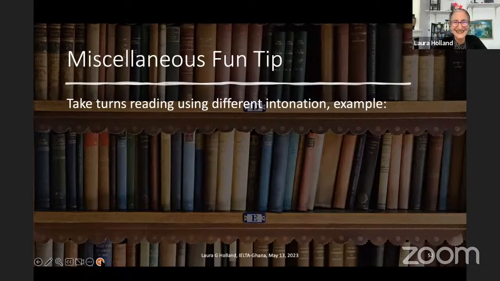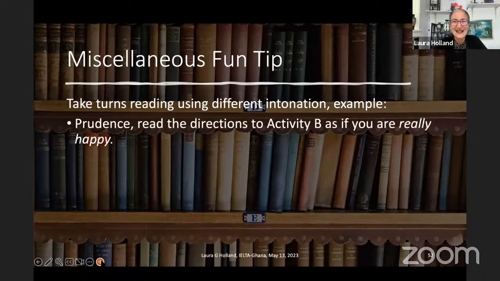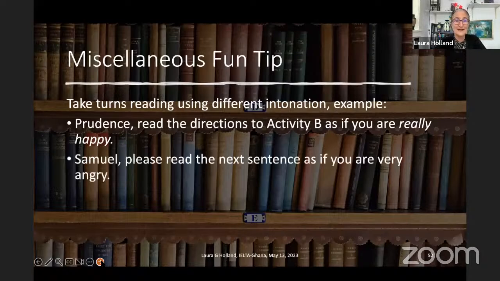But one thing I will do, even with novice level students, if I ask them to practice, I might say, okay, Prudence, read the directions to activity B on page 34 of our book. We're doing an exercise from the textbook, but I might say, Prudence, read the directions as if you are really happy. Or Samuel, please read the next sentence as if you are very angry.